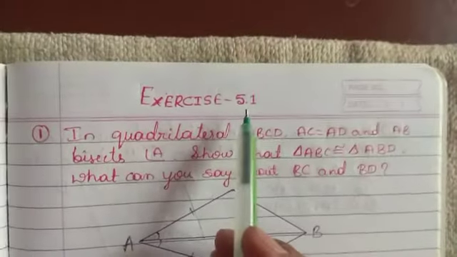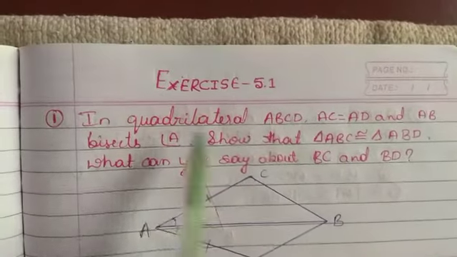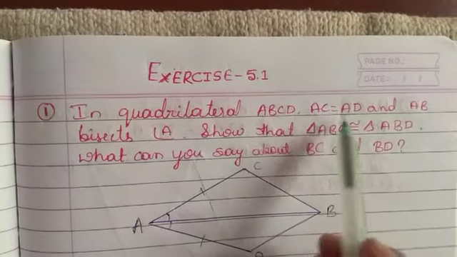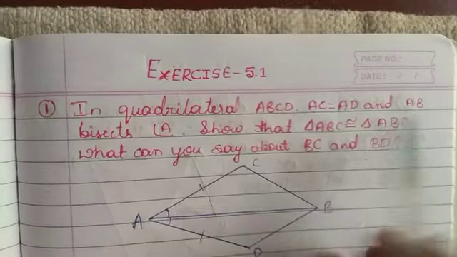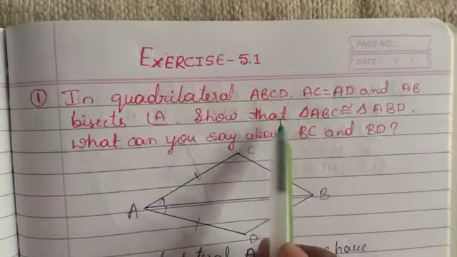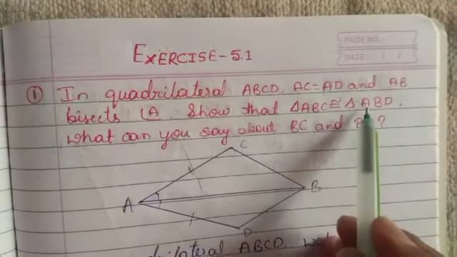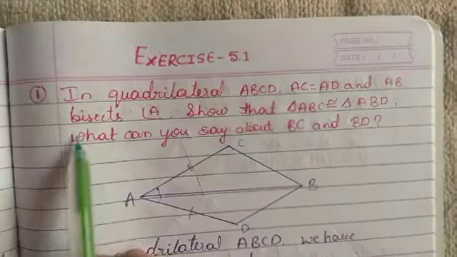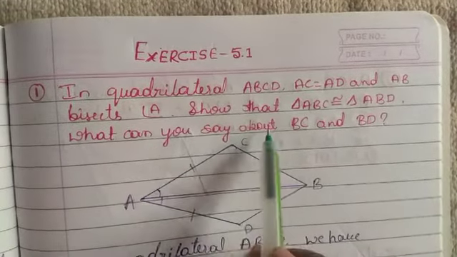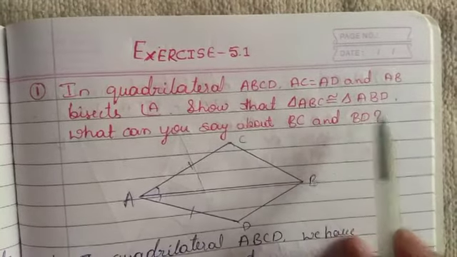Okay, let's see. Exercise 5.1. In the first one, in quadrilateral ABCD, AC is equal to AD and AB bisects angle A. Show that triangle ABC is congruent to triangle ABD. What can you say about BC and BD? What do you want to prove here?